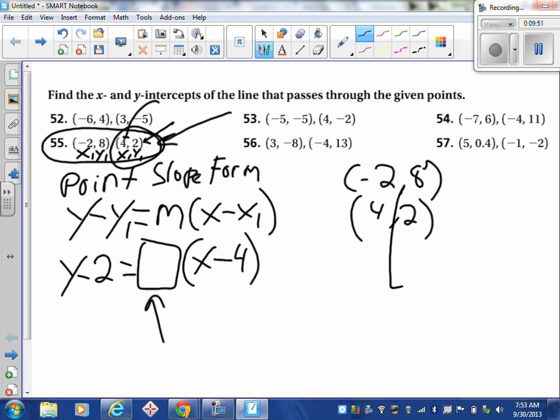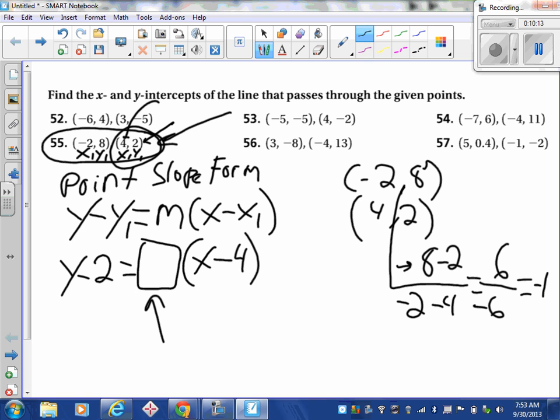I subtract 8 minus 2 on the top, which is 6, and -2 minus 4 on the bottom, which is -6. So my slope is -1. Now I'll take this -1 and put it in there. And so my point slope form is y minus 2 equals -1, x minus 4.